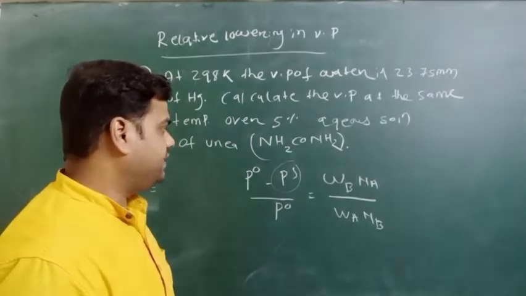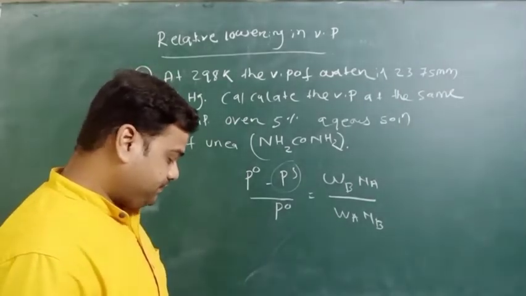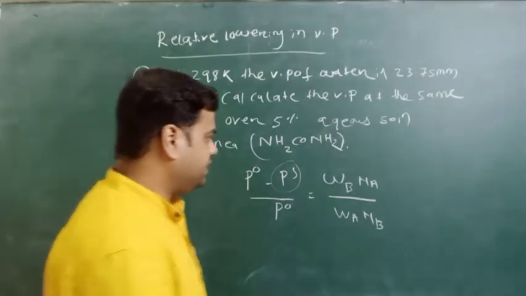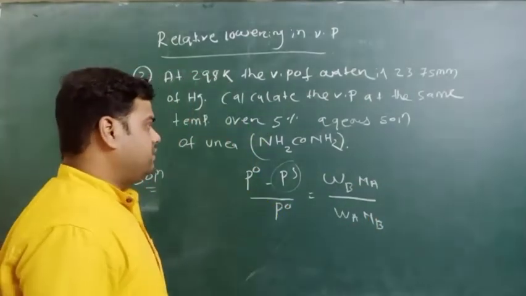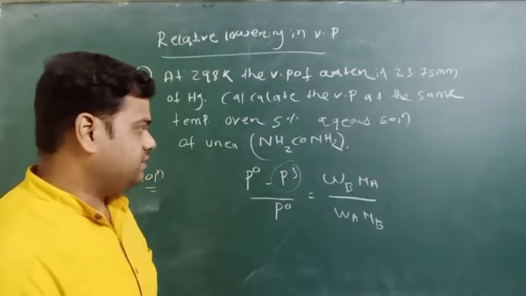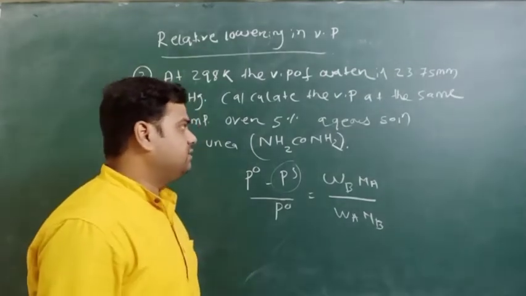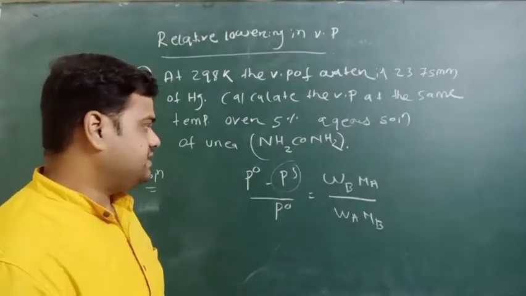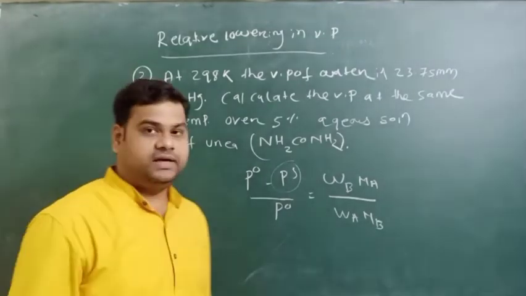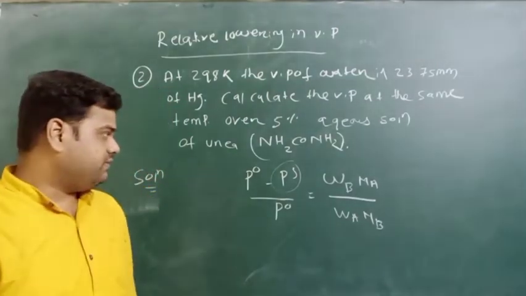Here the solvent is water, so MA is the molecular mass of water, and MB is the molecular mass of urea. Based on this data, we will calculate the value of Ps.